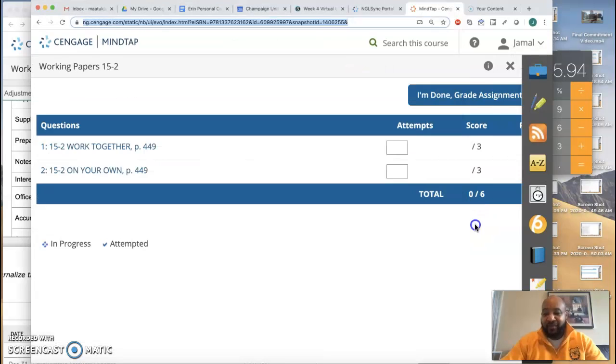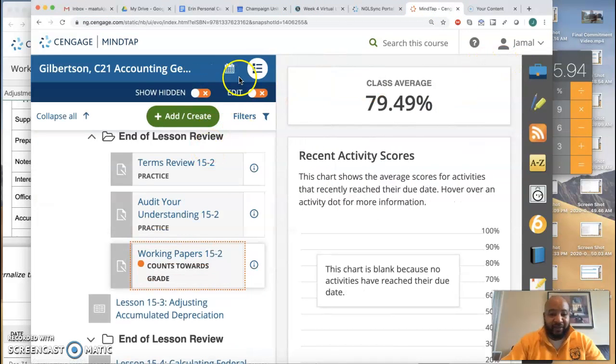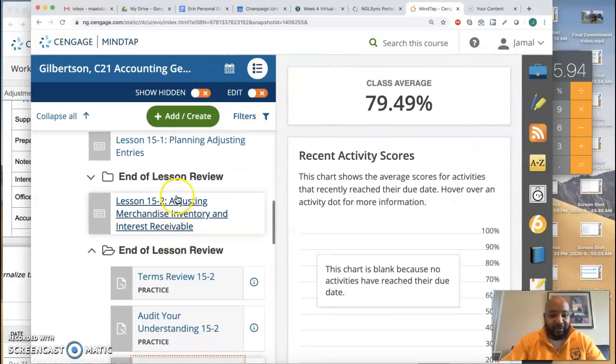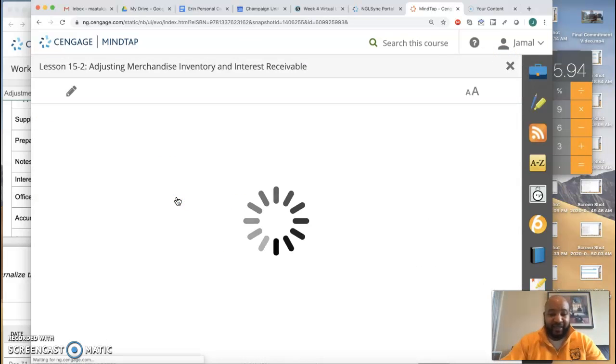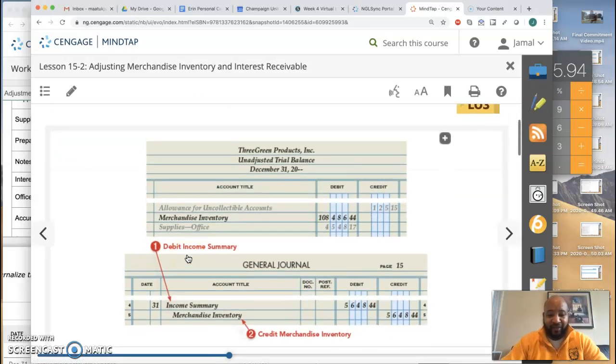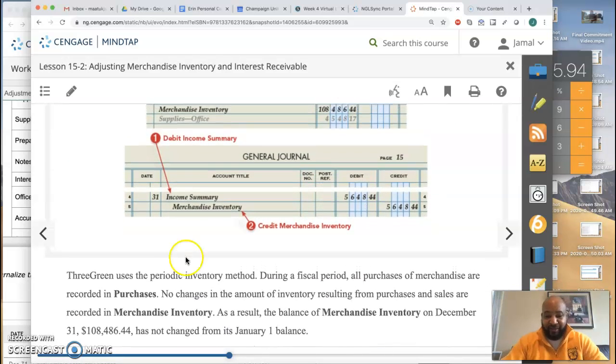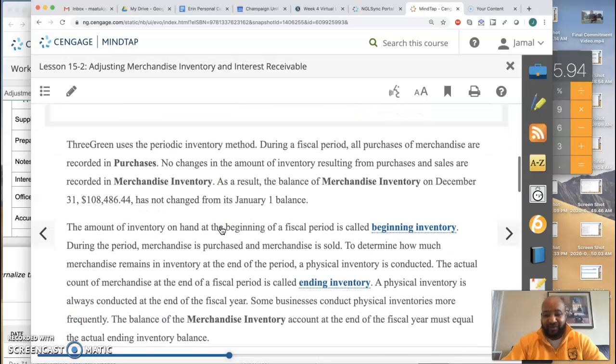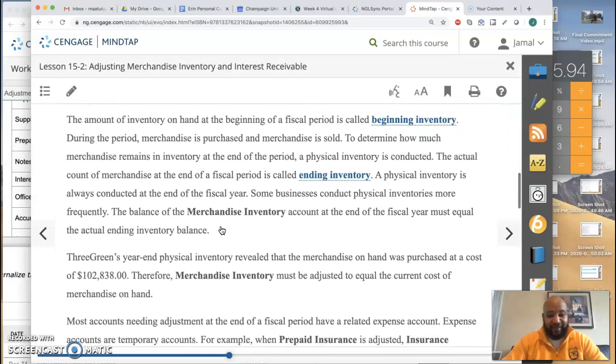And this is why I open up 2 screens, just to remind myself, keep things easy. I'm going to close that. We're going to go to our adjusting entry to see how they do an interest receivable. I don't remember. It's been a while. So there's our income summary. Notice when it goes down, merchandise inventory was credited, but ours went up. Beginning, ending.